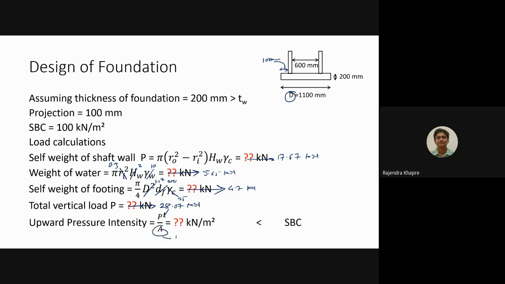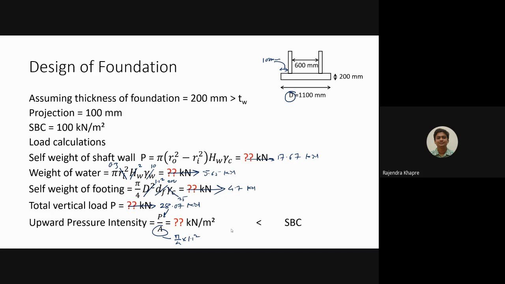Okay, so this area is pi by 4 into d square, d is 1.1 square. How much is this? So 28.07, that is in kilonewtons, divided by pi by 4 into 1.1 square.